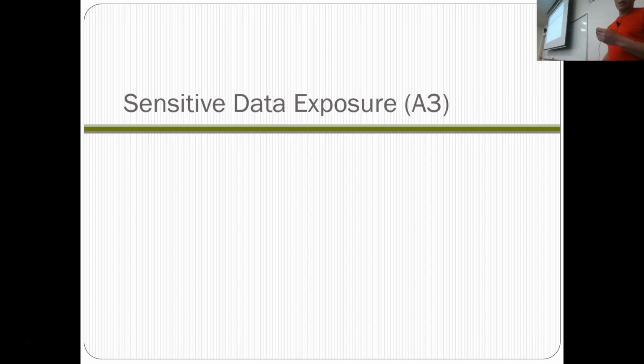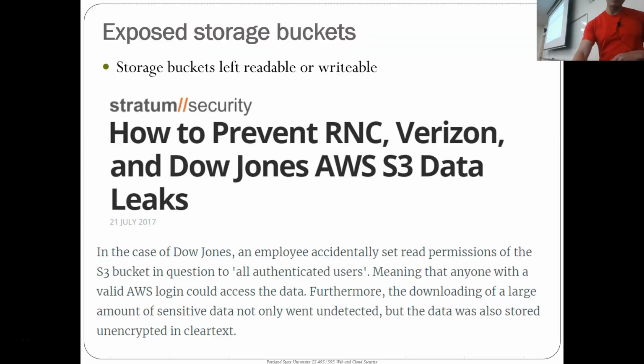Another thing that can happen in the cloud is exposing sensitive data. The most common error is exposed storage buckets, buckets that are left readable or writable. In all of these breaches, the RNC, the Verizon, and the Dow Jones leaks, the reason they were exposed was that the permission set on the S3 bucket said all authenticated users.